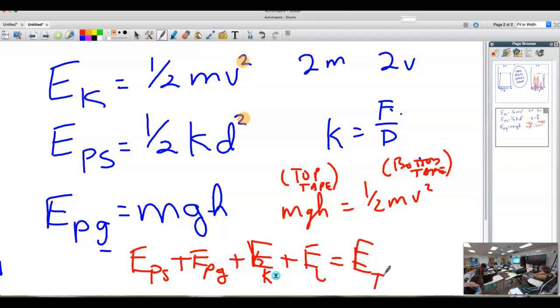That's what they're gonna equal. The kinetic and potential will equal the maximum kinetic and potential at any time.